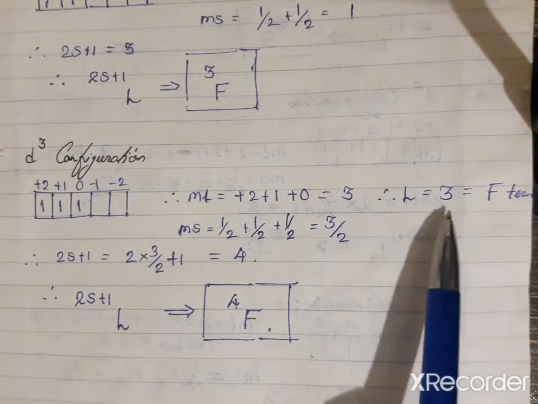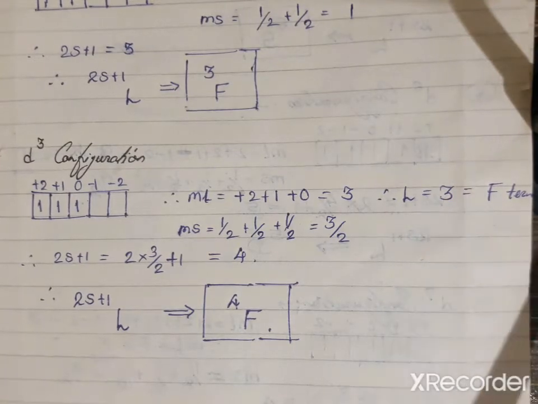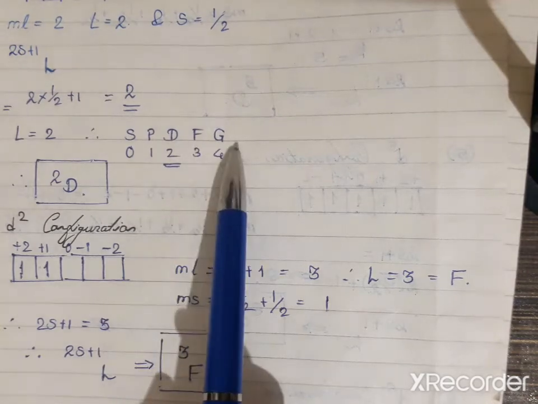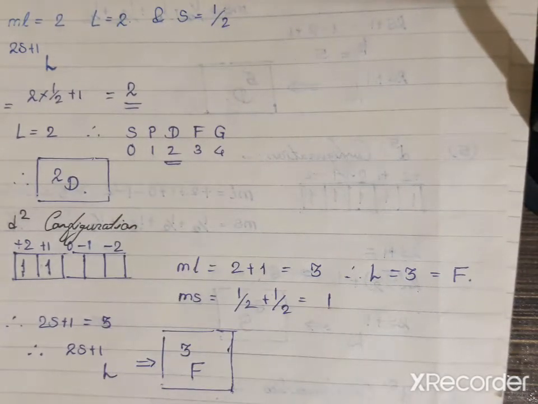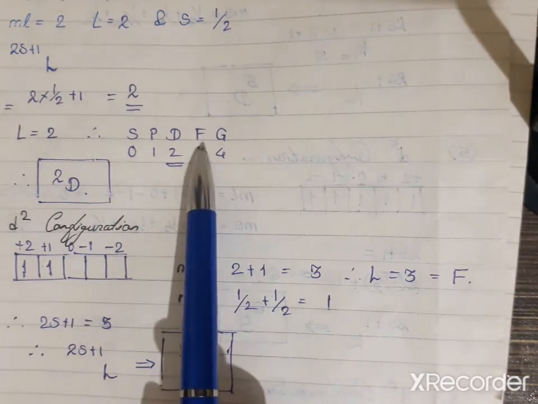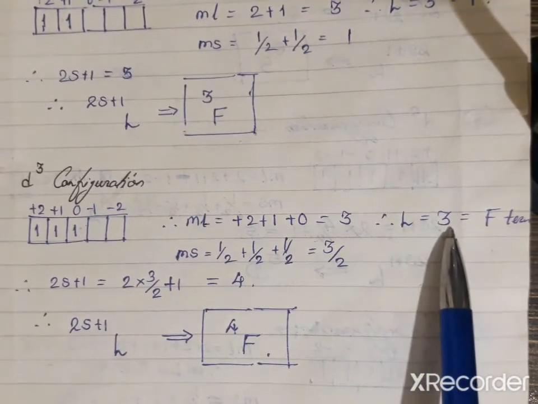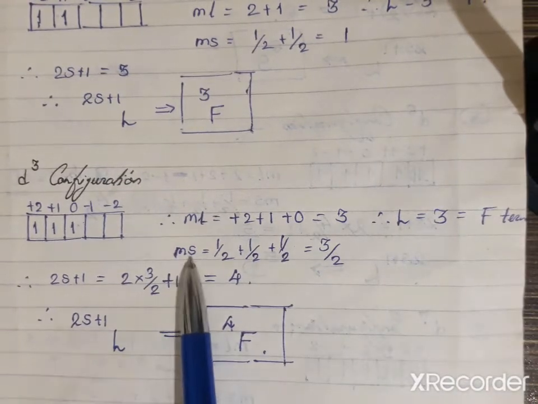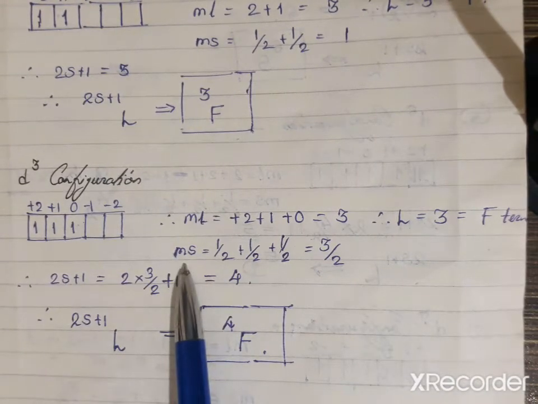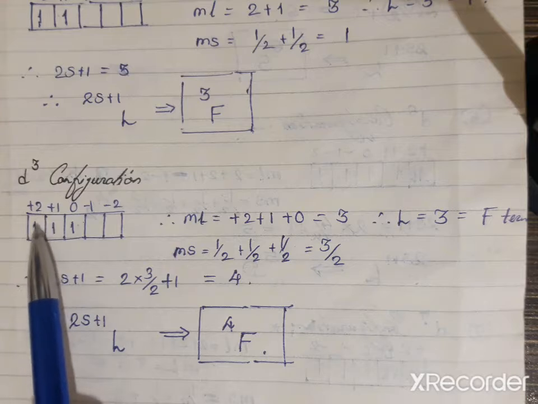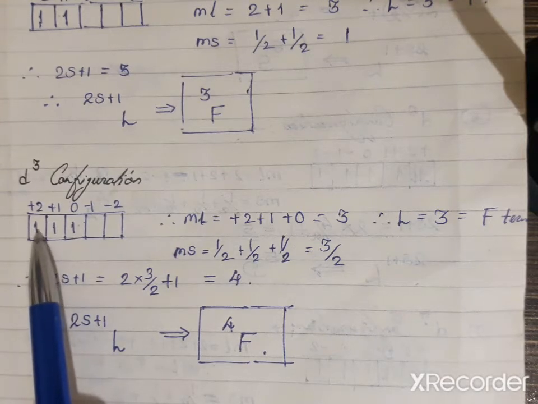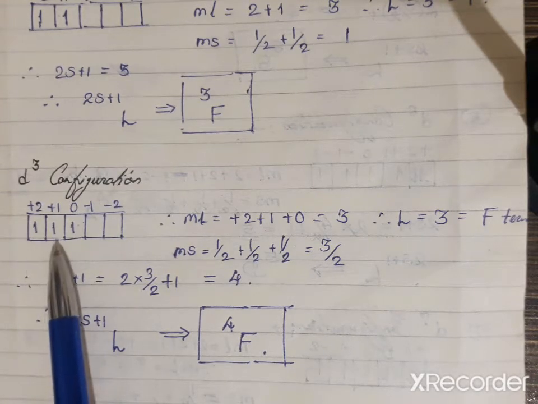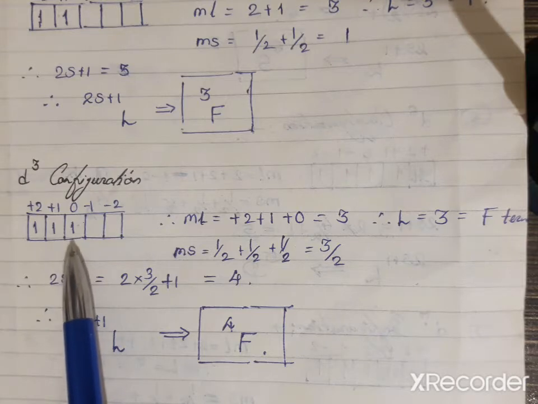Okay. So if L is equal to 3, then again using this SPDFG criteria, what is the value of 3? 3 is equal to F. So the term must be F. Now ms is the spin, so just count the spin. The first electron is in the plus 2 state, the second in the plus 1 state, and the third in the 0 shell.